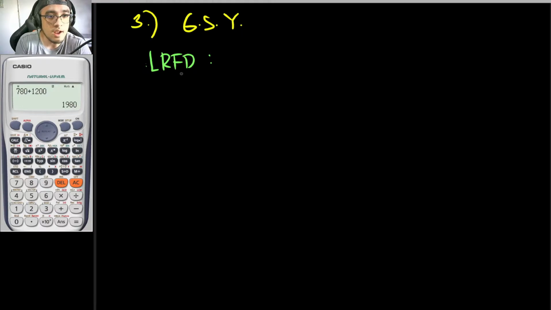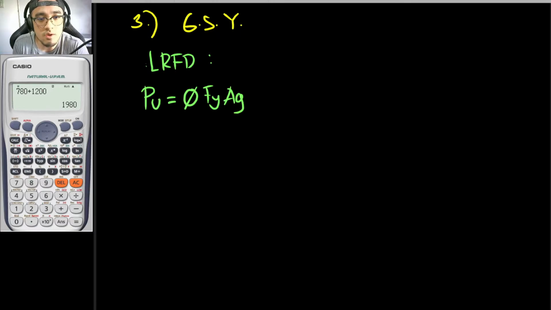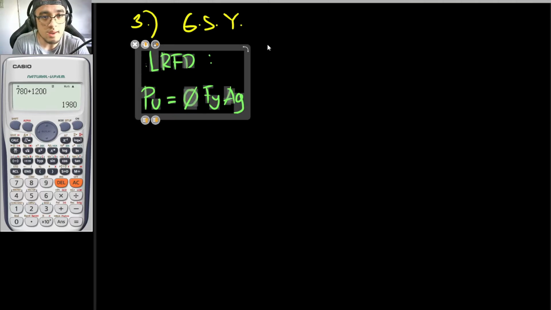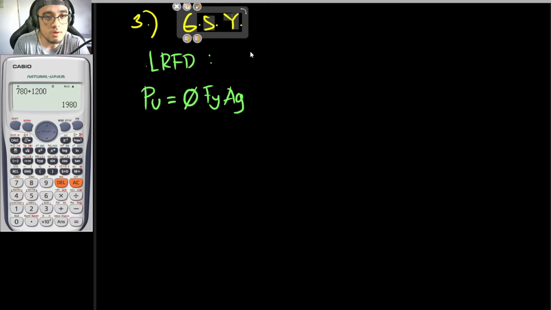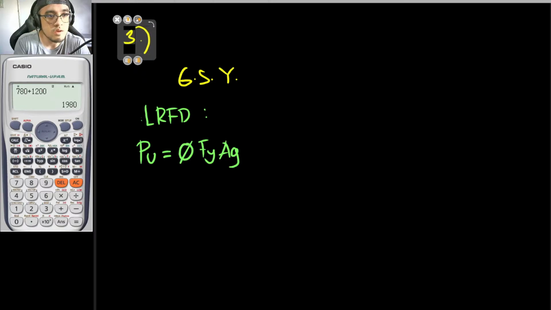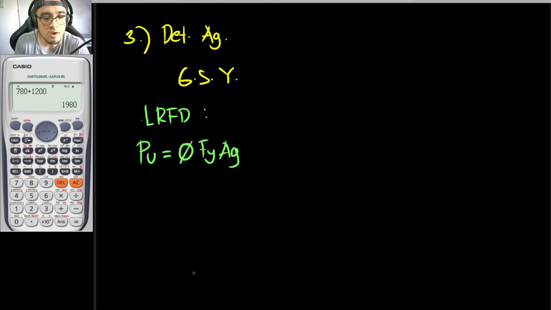So for LRFD, PU is equal to phi PN, and our PN is equal to FY times AG. And since we are solving for gross sectional area, I would just be rewriting it here for us to have a better solution. So by the way, number 3, determine AG. Once again, we are solving for AG right here.